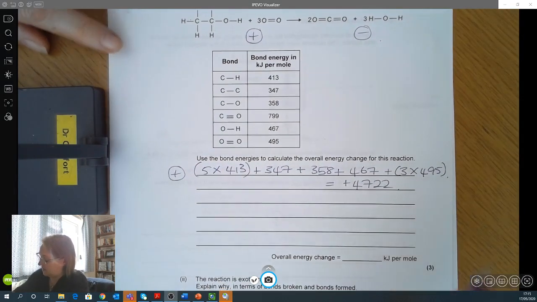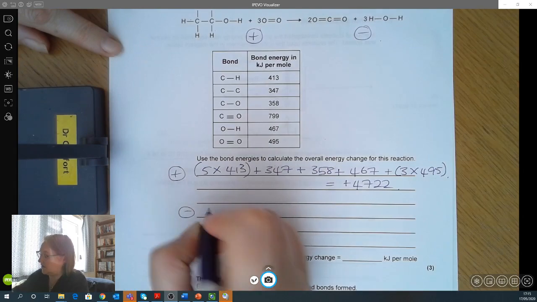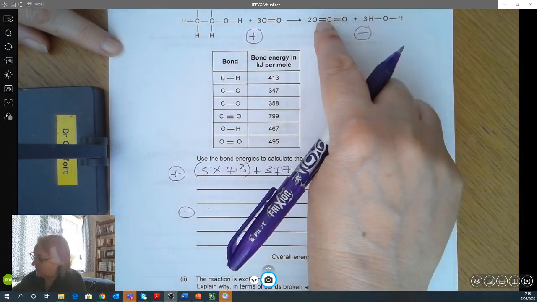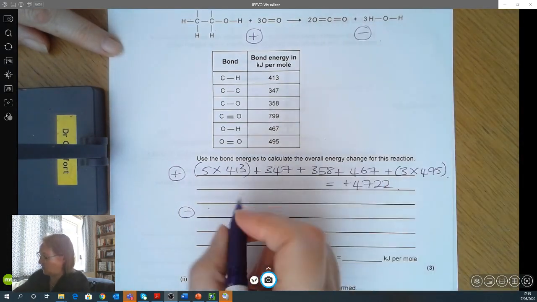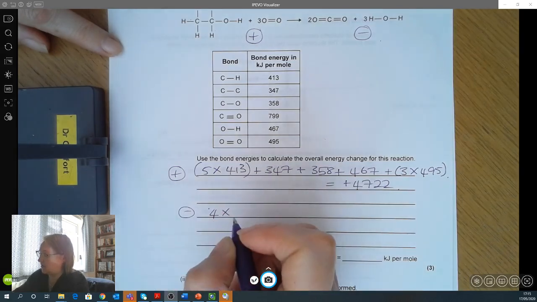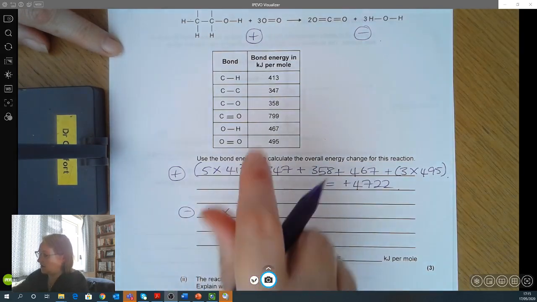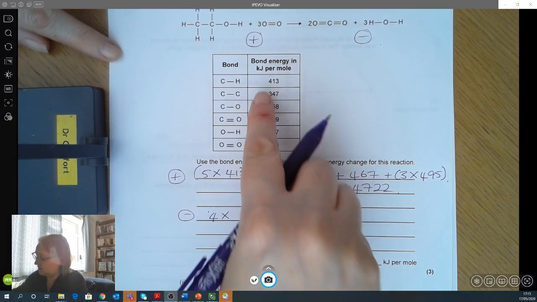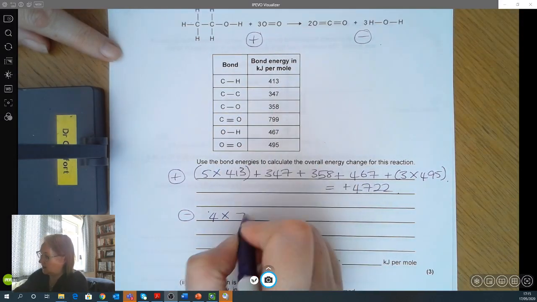If I then do negatives, so I have got 2 of this, so each has got 2, so I've got 4 C=O double bonds. So where's C=O? Here it is.